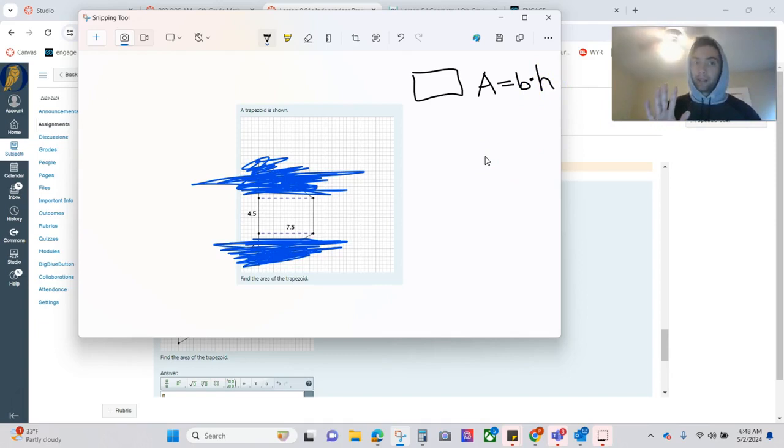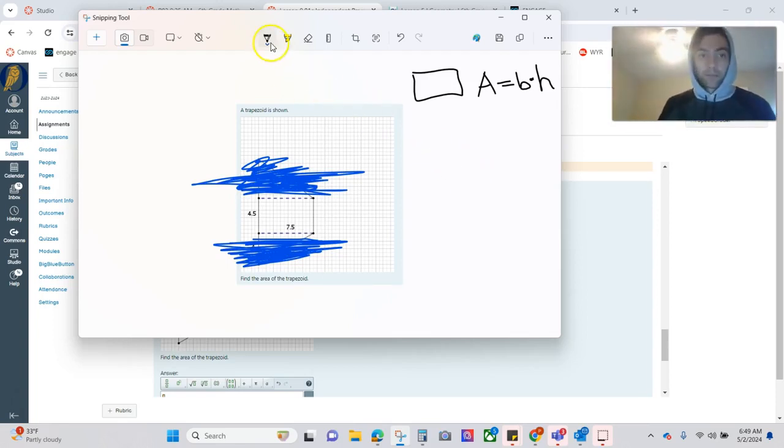Now, the base does not have to be the bottom. The base has to be a vertical or horizontal side of the shape. The base has to be a side of the shape. And it has to be either vertical or horizontal. It also has to have the height coming out of it or going into it at a perpendicular angle, like a plus sign.